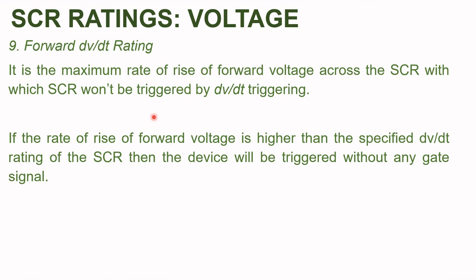If the rate of rise of forward voltage is higher than the specified dV by dt rating of the SCR, then the device will trigger without any gate signal. Hence, it may maloperate. So, we have to be very careful while designing our circuit so as to maintain the rate of rise of forward voltage below the value of dV by dt rating.